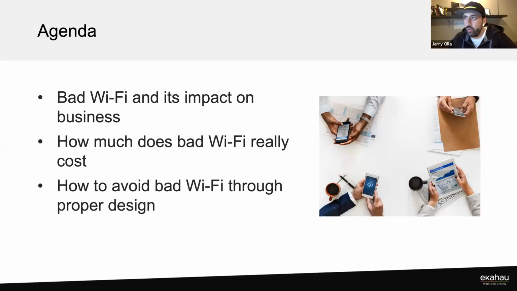But we're going to talk about the true impact, and how much bad Wi-Fi really costs. There can be a dollar association to it, but there are also a lot of other things we can correlate to good or bad Wi-Fi. And then how to avoid bad Wi-Fi. We're talking about all this bad Wi-Fi, but how do we avoid those pitfalls?